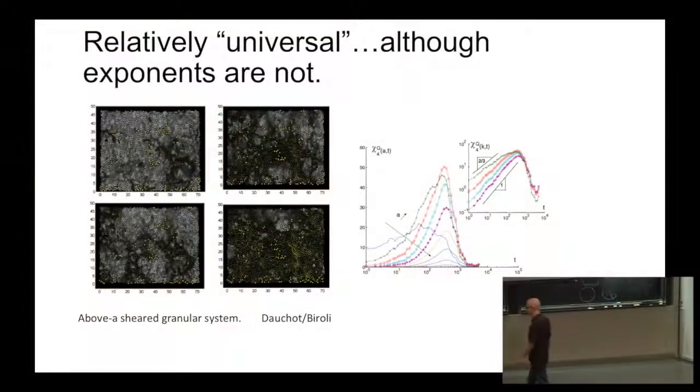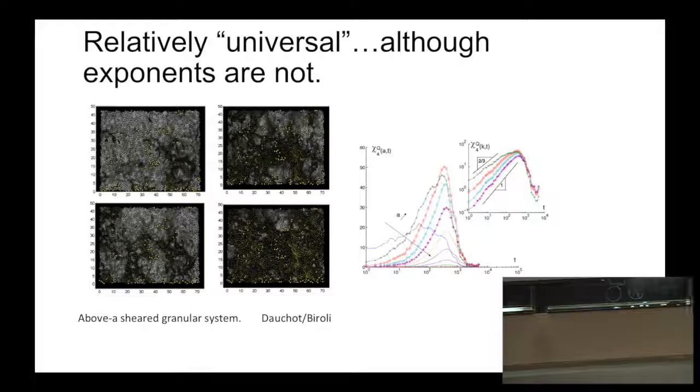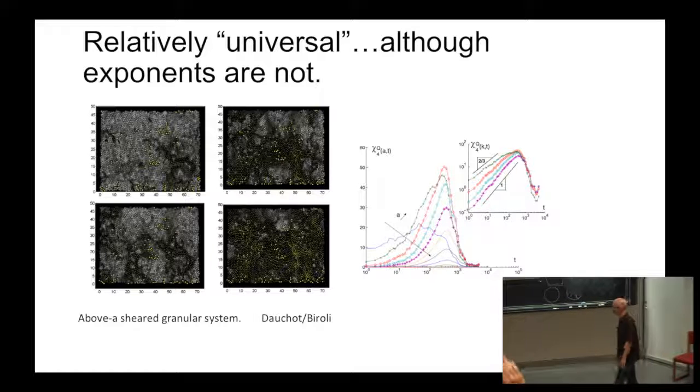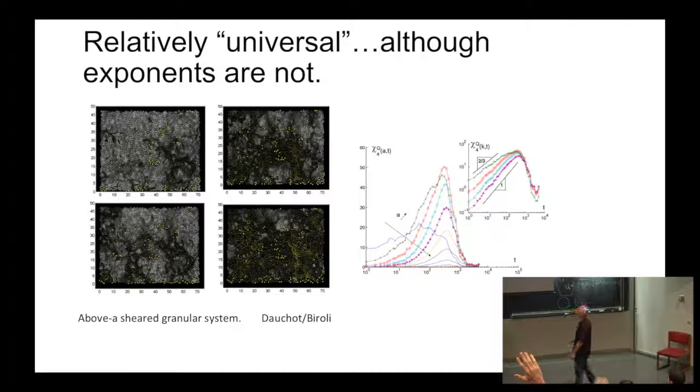One thing I wanted to point out is that you can measure these kinds of nonlinear susceptibilities associated with growing dynamical length scales in lots of different systems. You can take bacterial colonies and measure these things. In driven granular systems you see very similar things, even though this is not driven by temperature but by shaking the configuration itself.